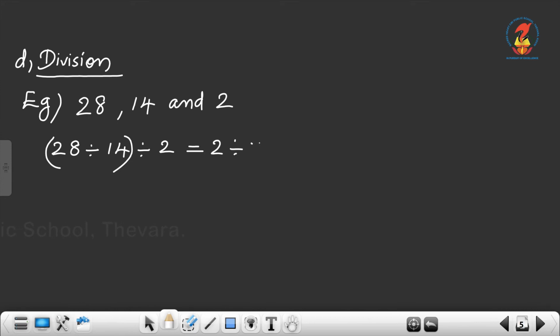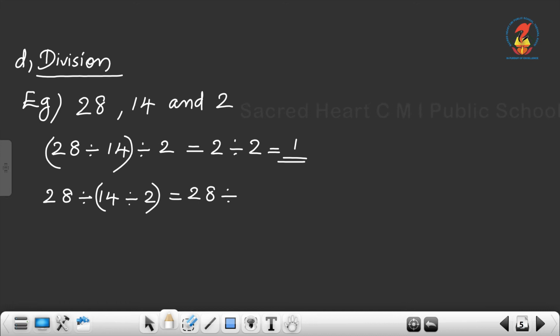Therefore, 2 divided by 2. What is 2 divided by 2? It is equal to 1. Then again, 28 divided by 14 divided by 2. So, 14 divided by 2 we have to consider first. Then 28 divided by, what is 14 divided by 2? It is 7.